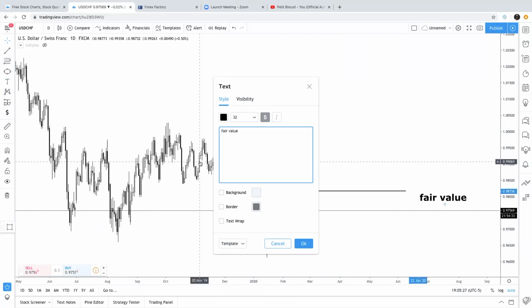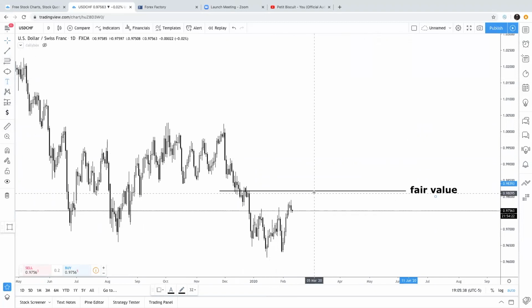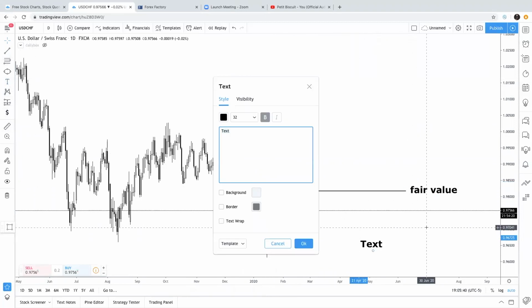To give you guys a visual, once you identify the equilibrium, you now know that everything below the 50% mark is going to be a discount market.